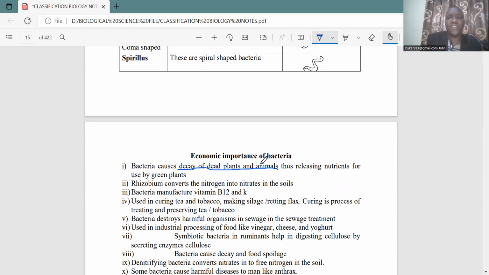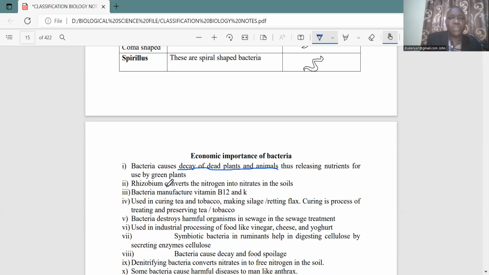So if we had a situation where there are no bacteria, it means there would be no decomposers, no decay, no rotting, and the dead bodies of plants and animals would be everywhere for thousands and thousands of years. But thanks to God for these decomposers like the bacteria, which can feed on the dead plants and animals, bring about decay, and release nutrients back for reuse in natural ecosystems. And this is called nutrient recycling.